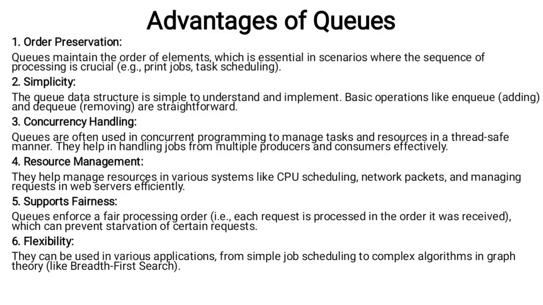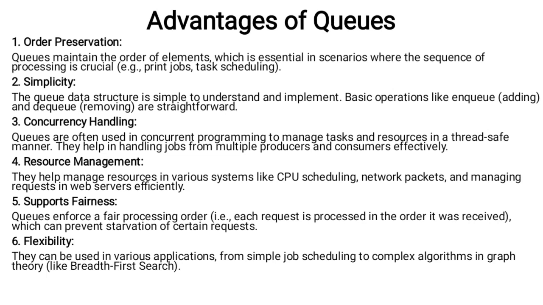Then let's understand the advantages and disadvantages of the queue data structure. The first advantage is order preservation. Queues maintain the order of elements, which is essential in scenarios where the sequence of processing is crucial.